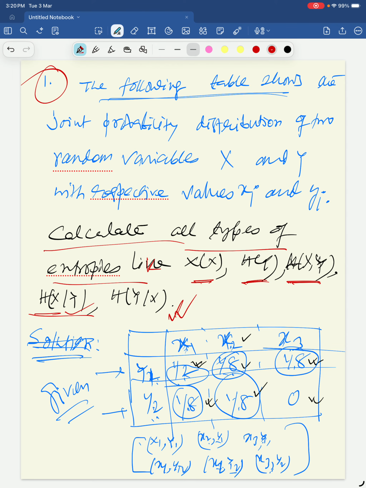So these all entropies we have to find out. Given that there are two random variables X and Y, represented by a joint probability matrix with elements 1 by 8, 1 by 2, 1 by 8, 1 by 8, 1 by 8, 1 by 8 and 0. So we can represent this.